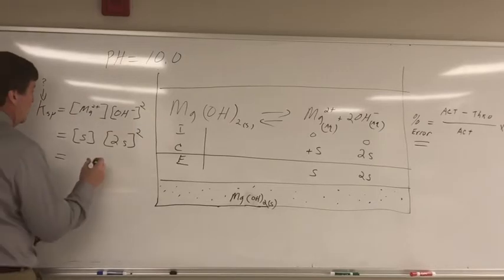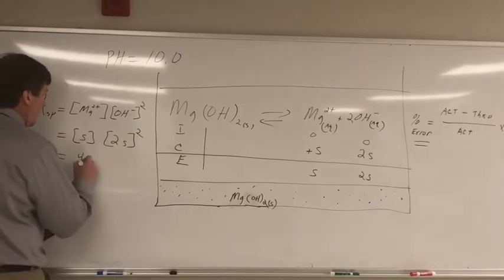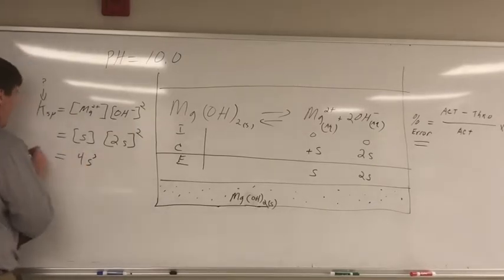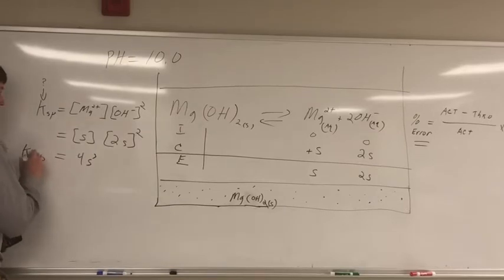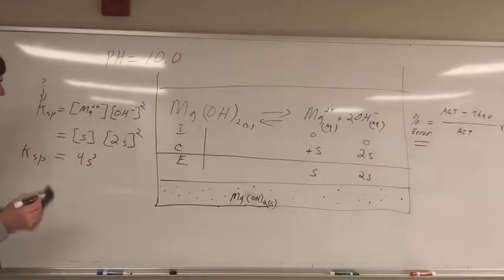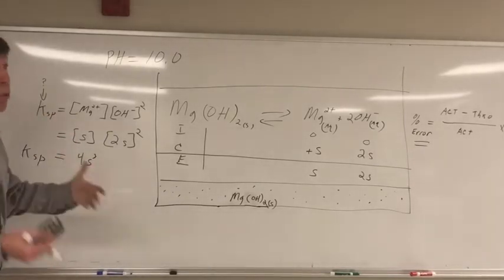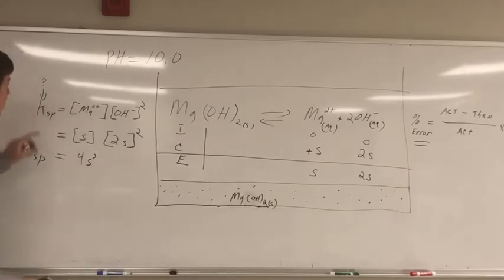That, of course, equals 4s cubed equals Ksp. So what do we know here? Let me start over again. What don't we know? We don't know the Ksp.